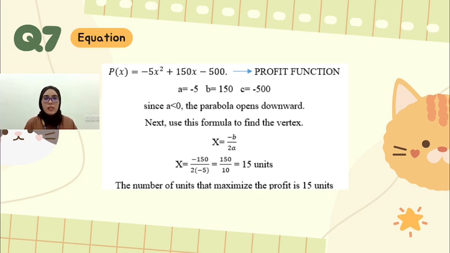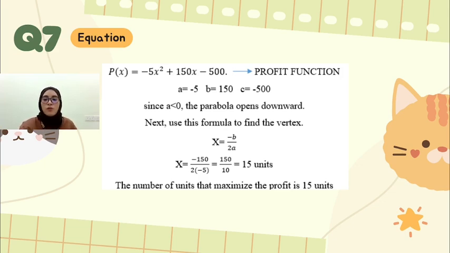As you can see, the profit function is already given. This is a quadratic function that opens downwards because the coefficient of x squared is negative. Therefore, it has a maximum point.